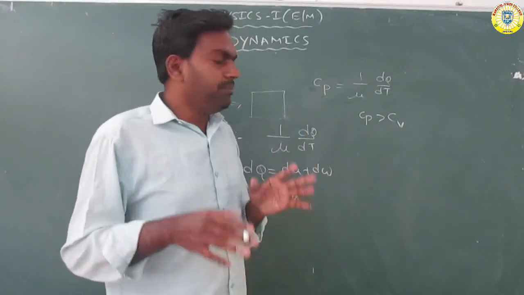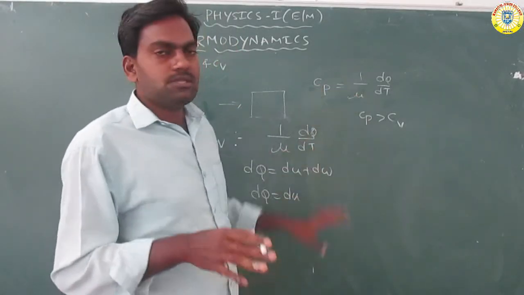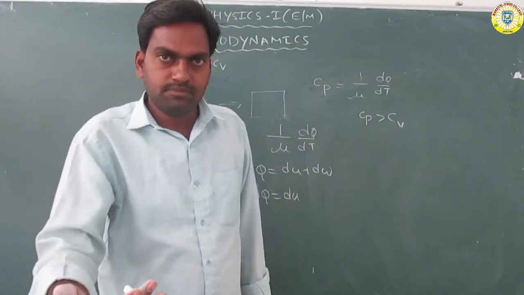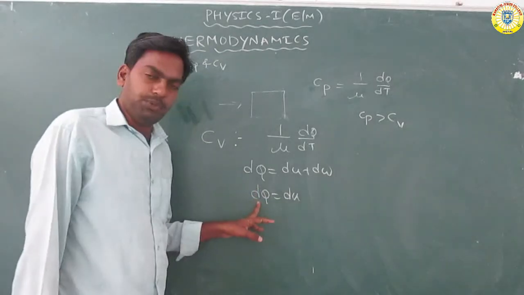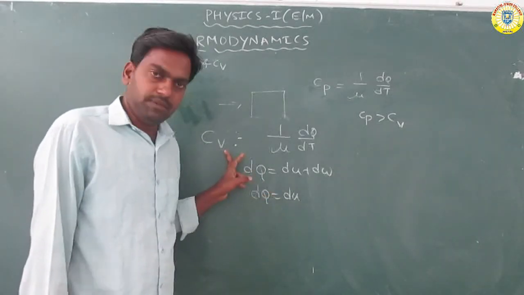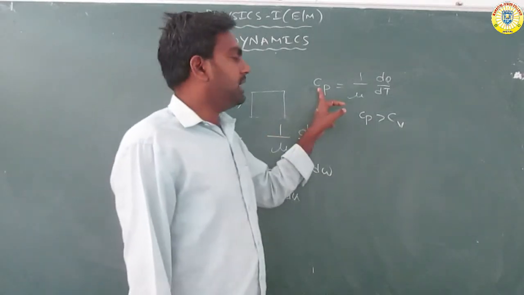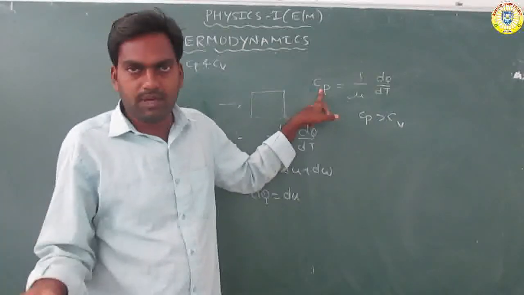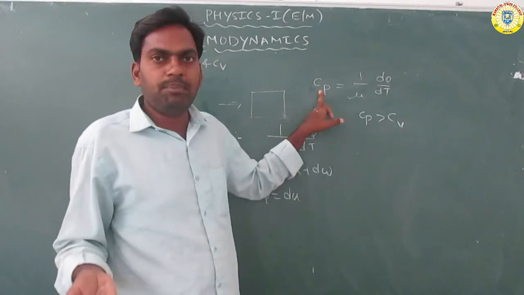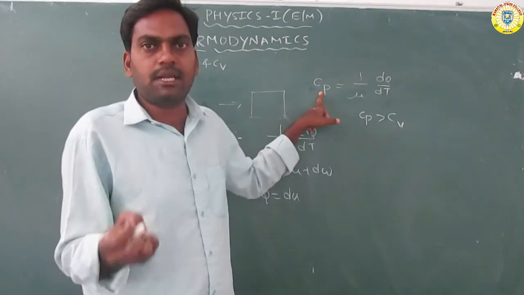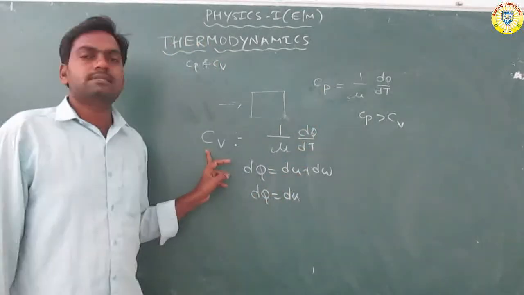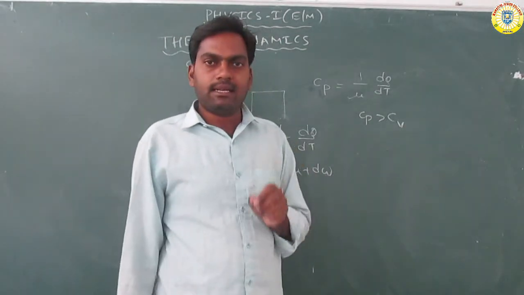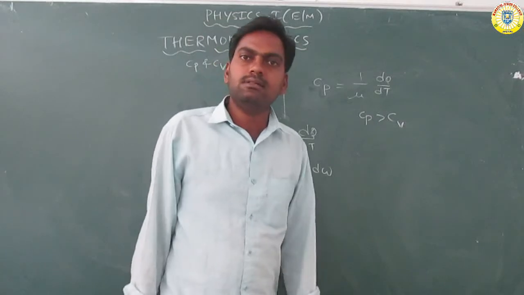So for Cp, the heat supplied to the system is more than dq for Cv, because in Cp the heat is used to increase internal energy and also to do some work. That means Cp requires more energy compared to Cv. So we can write that Cp is greater than Cv.